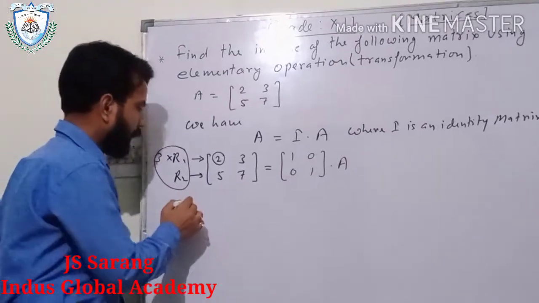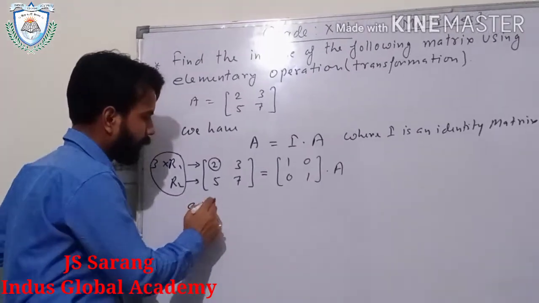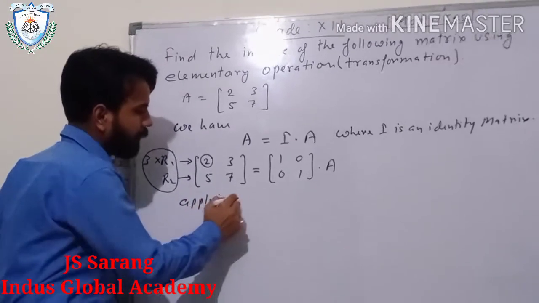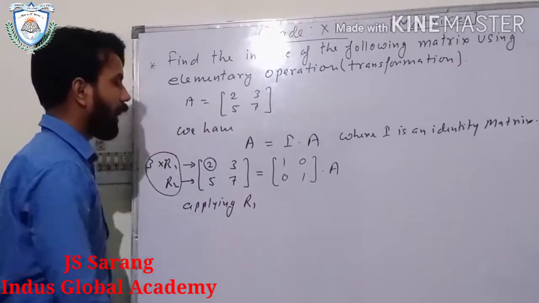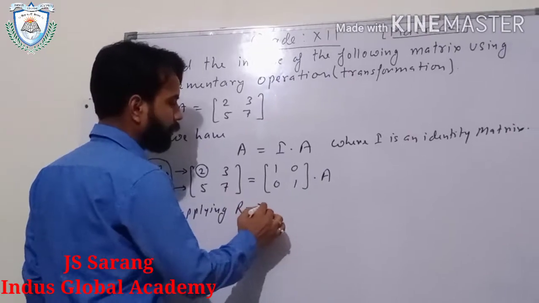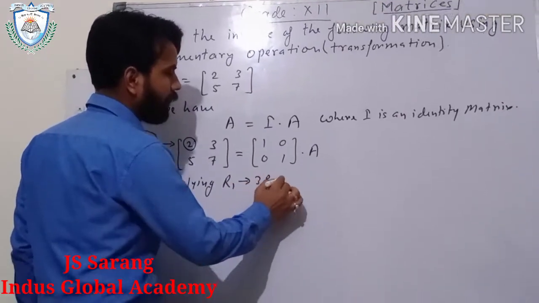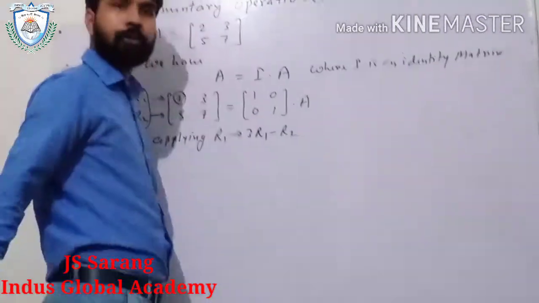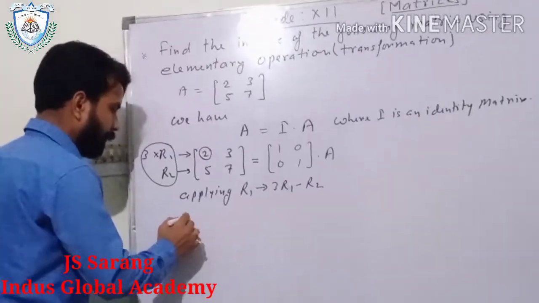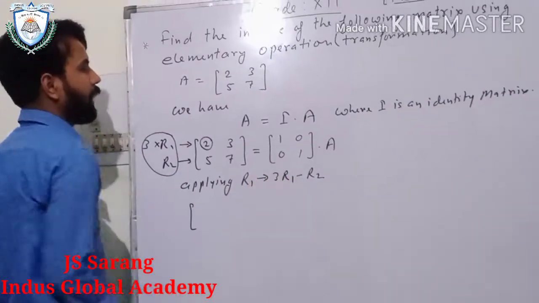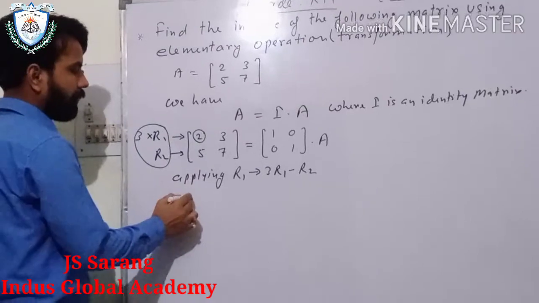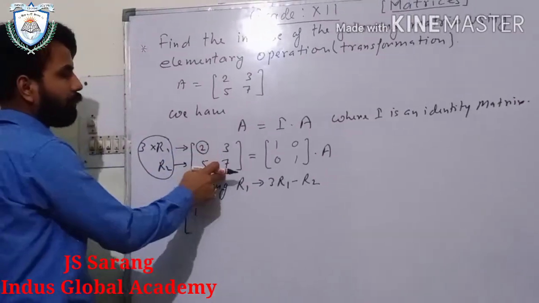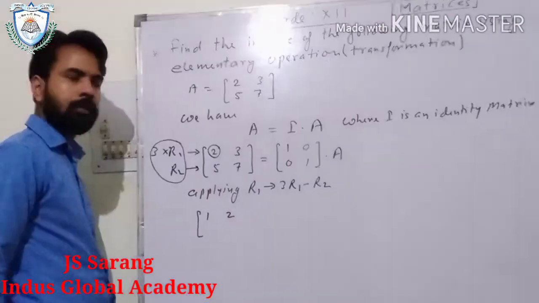Understood? So here we have to write, applying the operation in R1, what operation? 3R1 minus R2. Clear? So see, 3R1 minus R2: 3 2s are 6 minus 5, 1; 3 3s are 9 minus 7, that is 2.